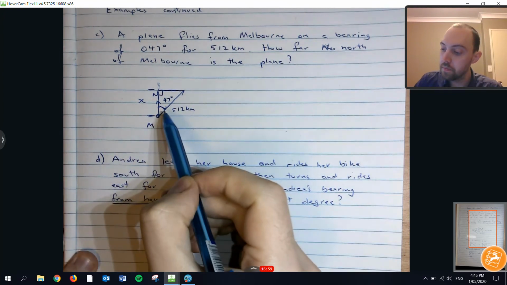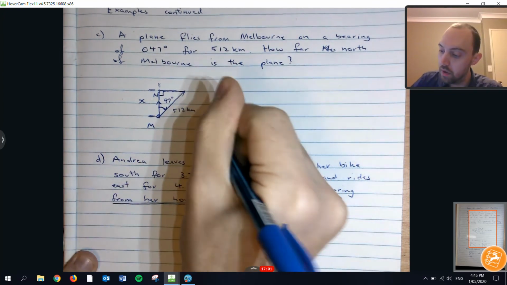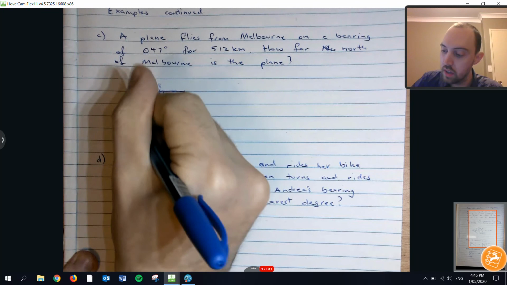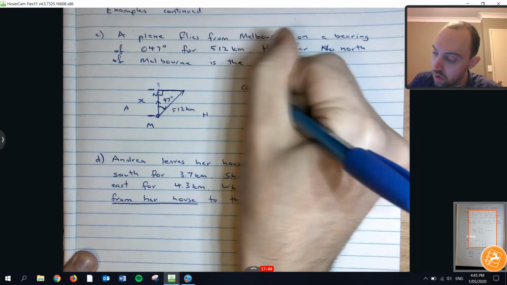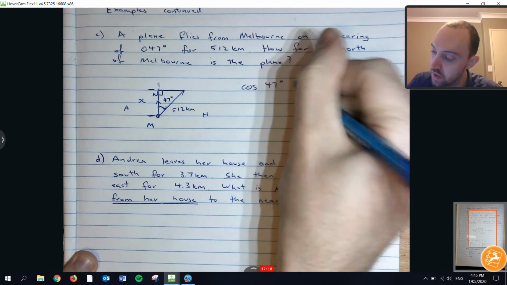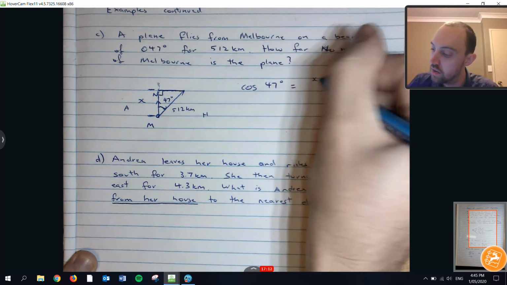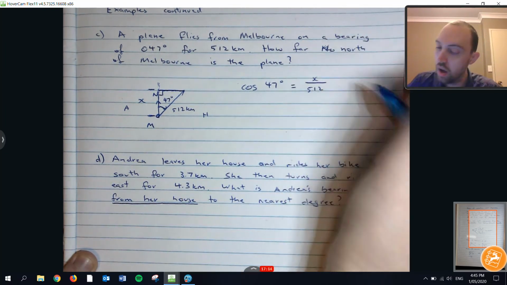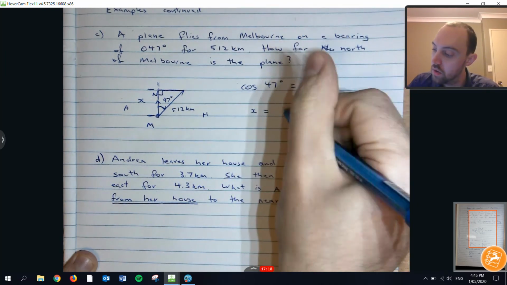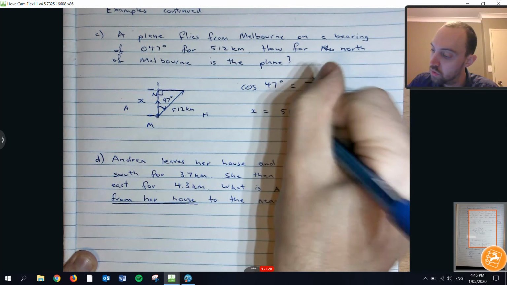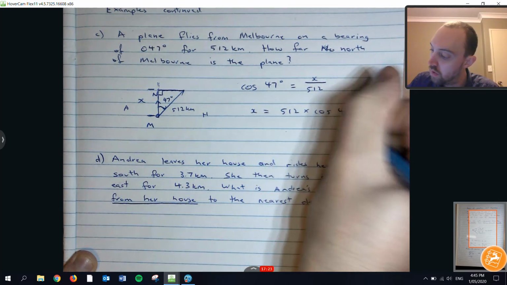Now, we have the hypotenuse, we have the adjacent, so cos of 47 degrees is equal to adjacent over hypotenuse, so x is equal to 512 times cos of 47.